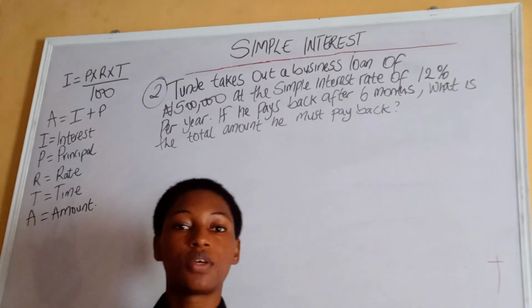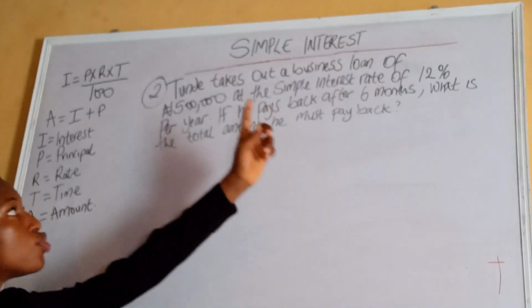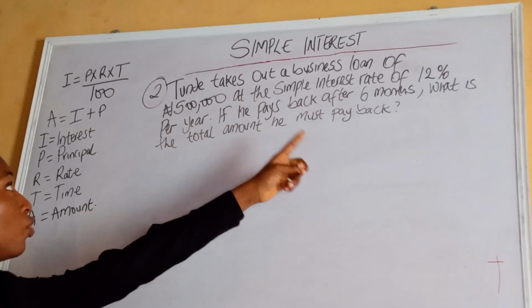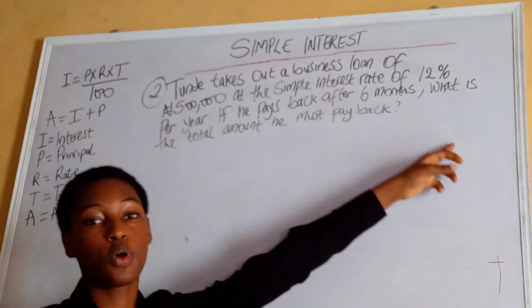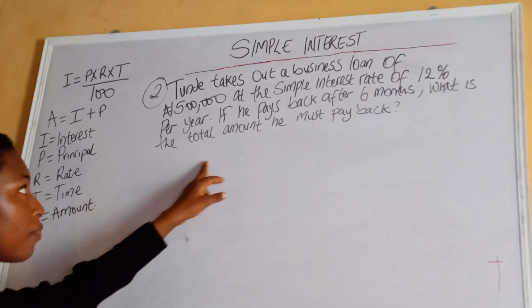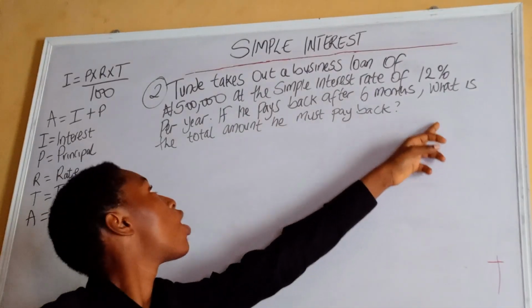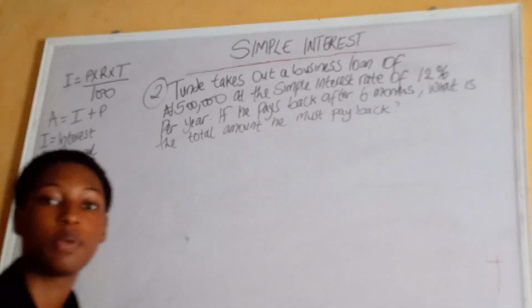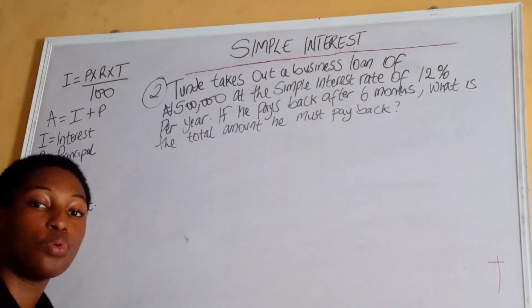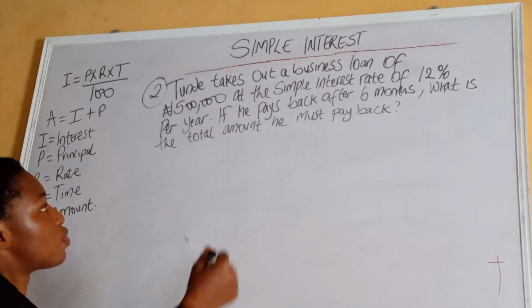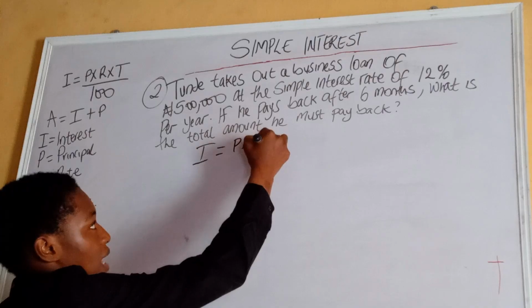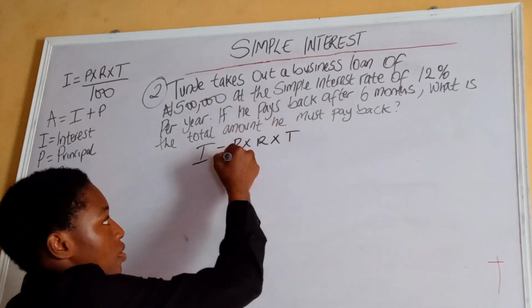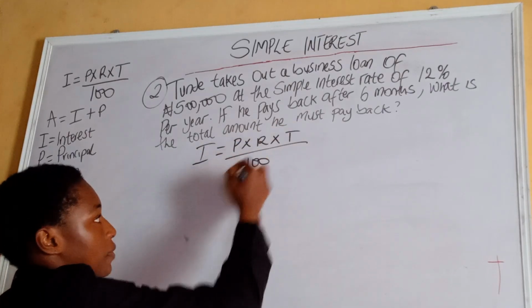All right. Question 2 says Tunde takes out a business loan of 500,000 at a simple interest rate of 12% per year. If he pays back after 6 months, what is the total amount he must pay back? Now, as we already know, the formula for simple interest is I is equal to P times R times T over 100.